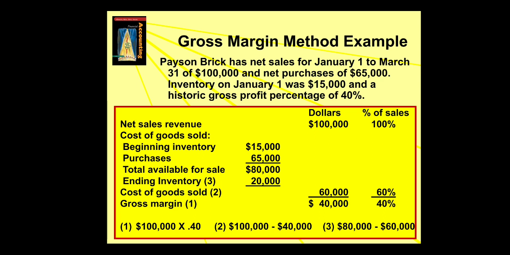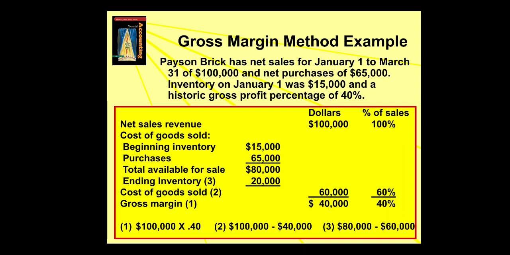So sometimes it is very difficult, at the end of the accounting year, to do a stock take or manually calculate the value of inventory. So what the business can do is use this gross margin method.